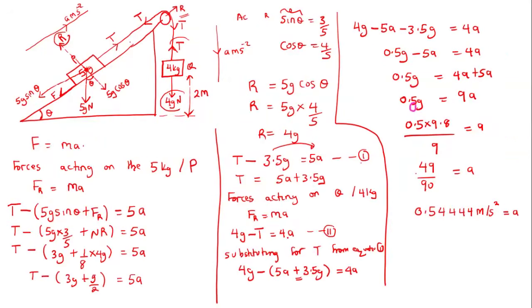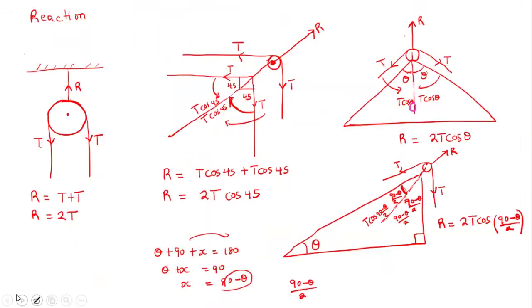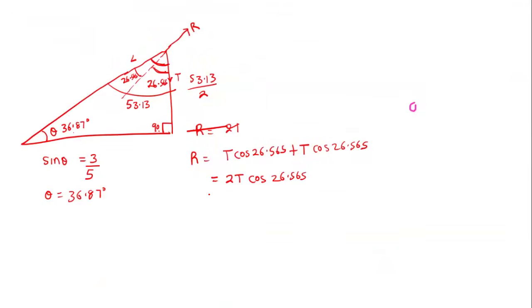So your tension here, allow me to just confirm such that I know your answers are okay. Minus 4 times 0.54444. So my tension, I've got 37. Mine was 37 here. So when I said 2 times 37.0222, hope I did not make any mistake.